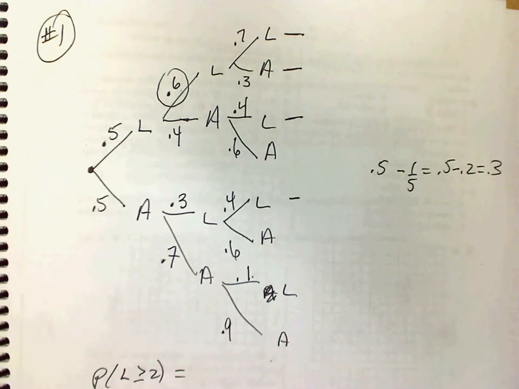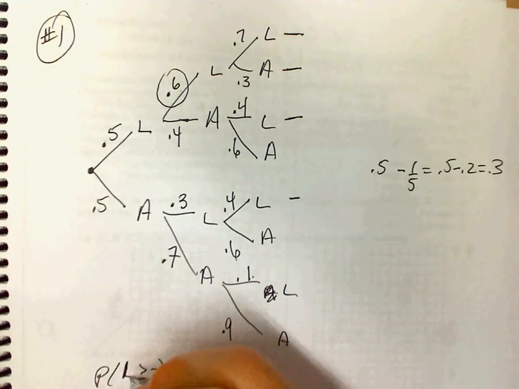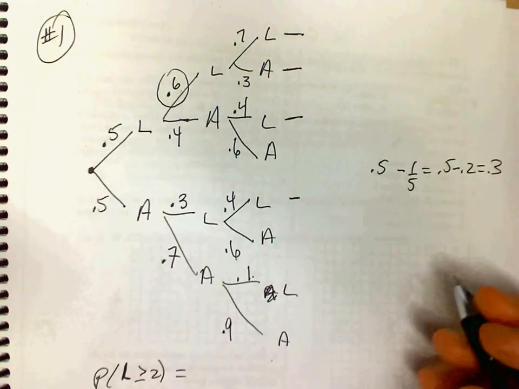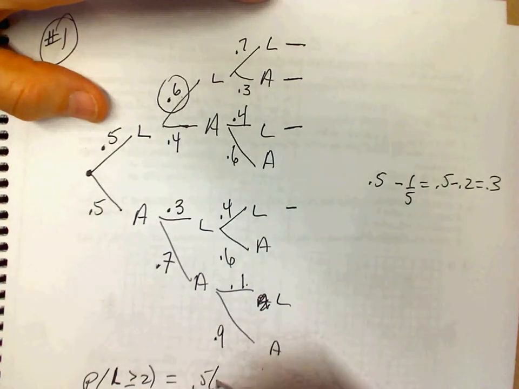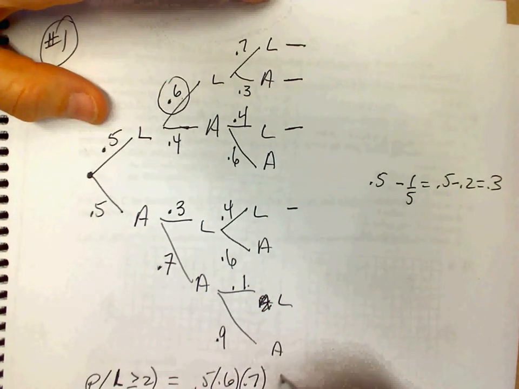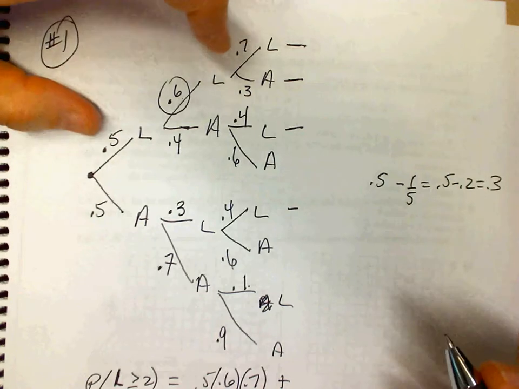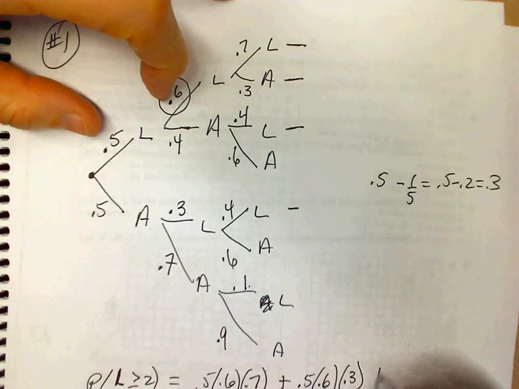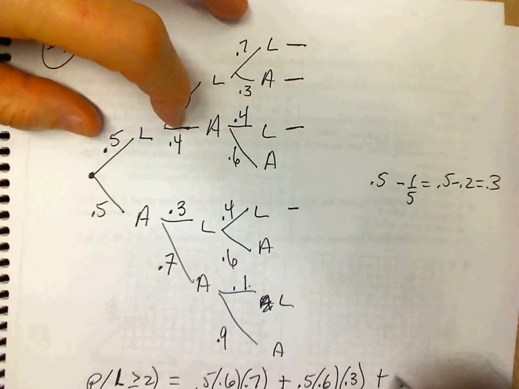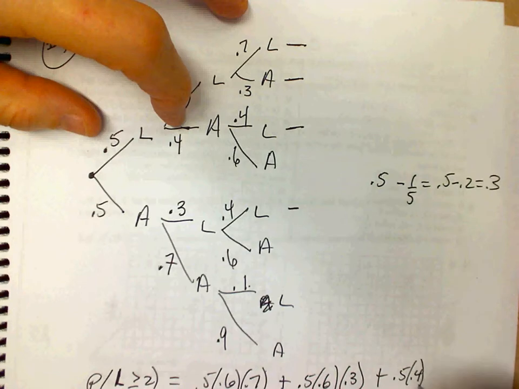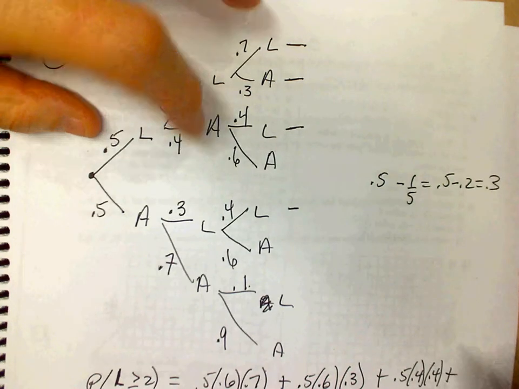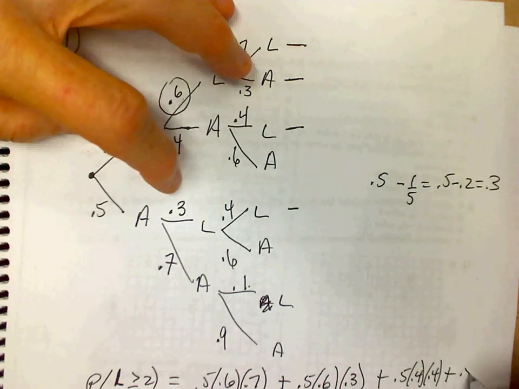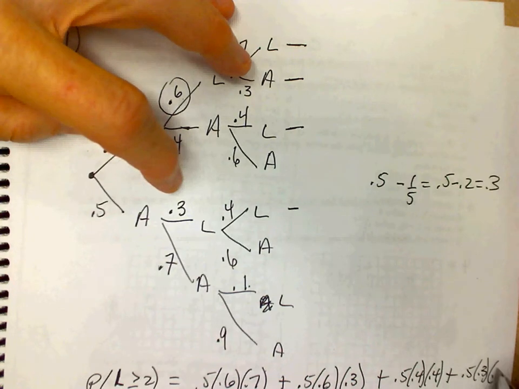So it's 0.5, 0.6, 0.7 plus 0.5, 0.6, 0.3 plus 0.5, 0.4, 0.4 plus 0.5, 0.3, 0.4. If you work that out, you should get 0.44.